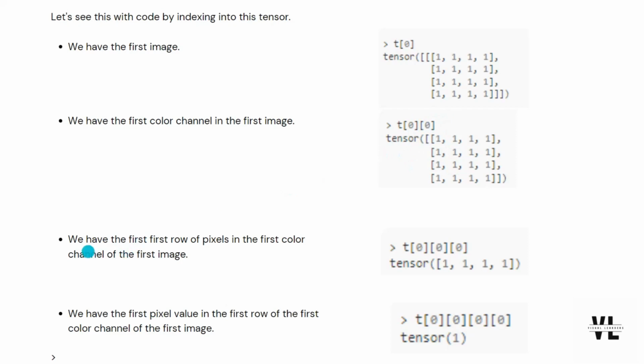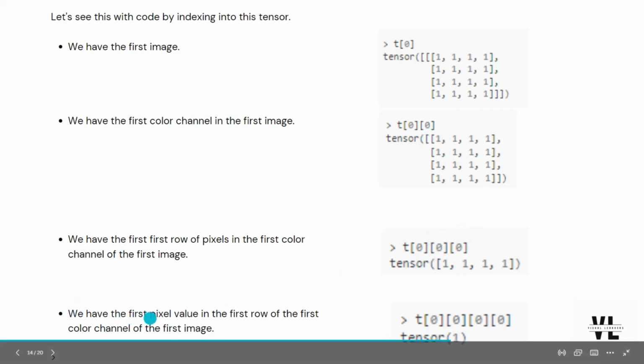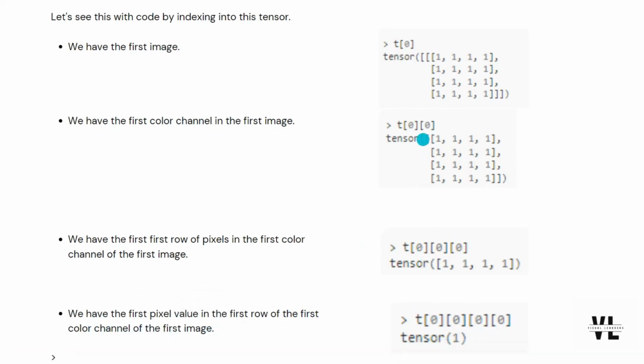To get the first row of pixels in the first color channel of the first image, we use a third index. And to get the first pixel value in the first row of the first color channel of the first image, we need 4 indexes, which means we select the first row and then just select the first element.